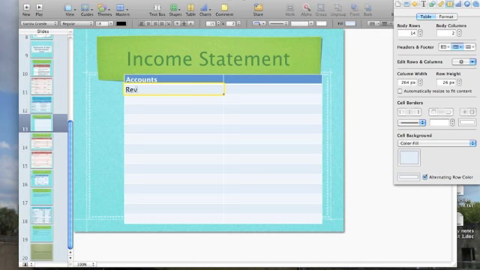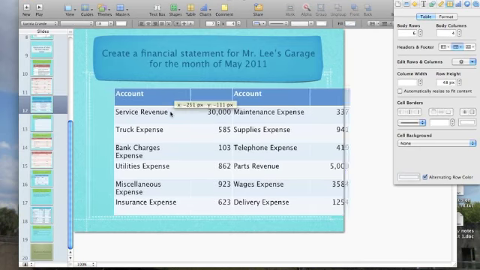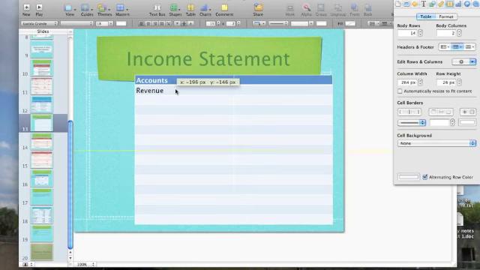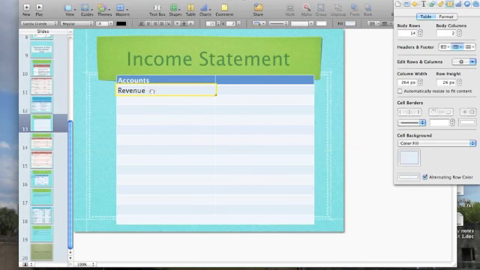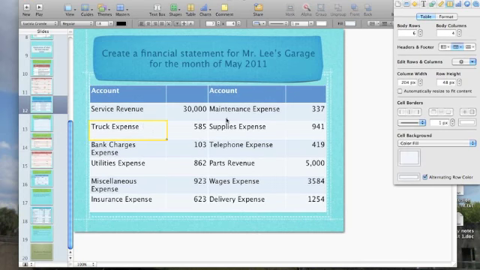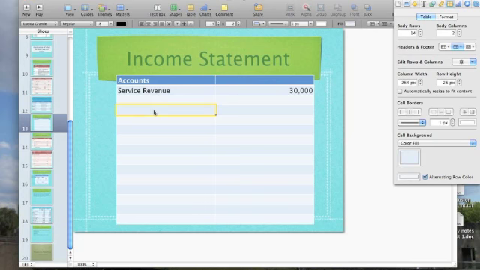And the revenue. So we'll move this in here. And the rest, you can just move to the bottom.